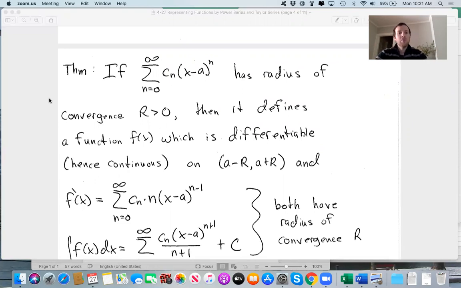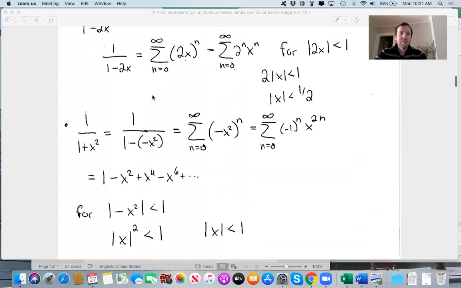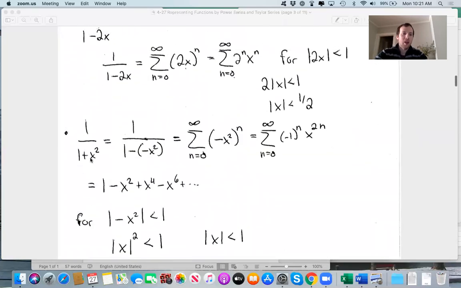So the way that we are mostly going to be talking about is if you have a series for a known function, then you can find a series for that function's integral or derivative. But for things like 1 over 1 plus x squared, the fact that it is integrable and you can differentiate it is not a huge surprise.